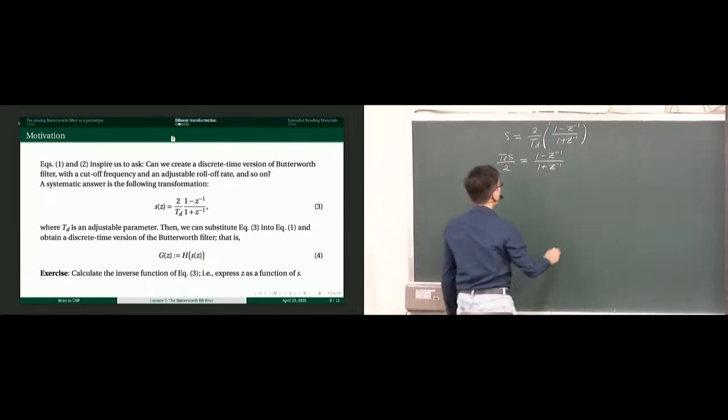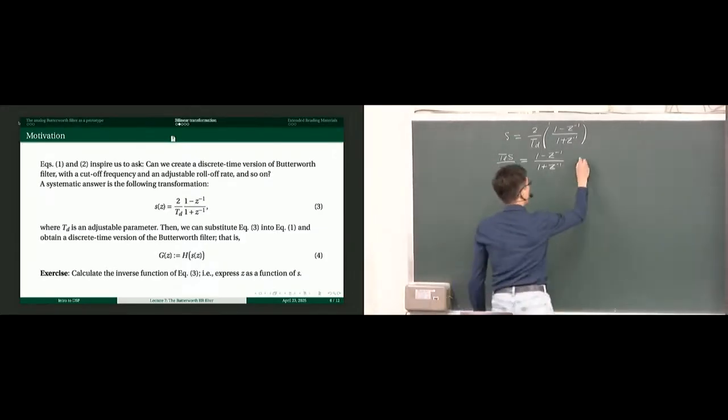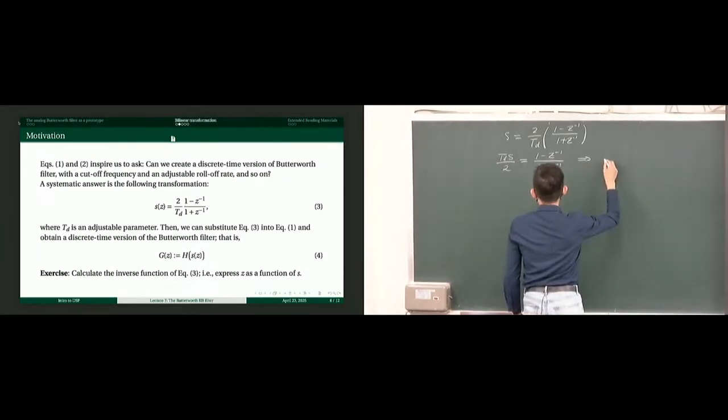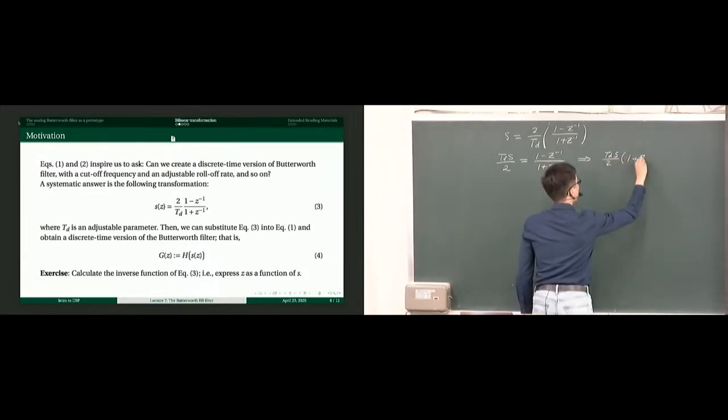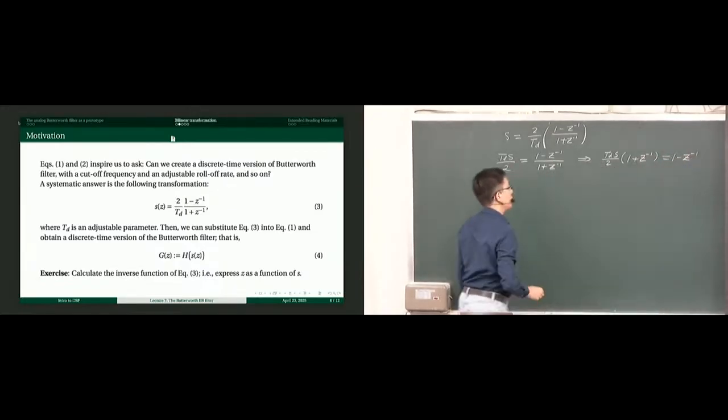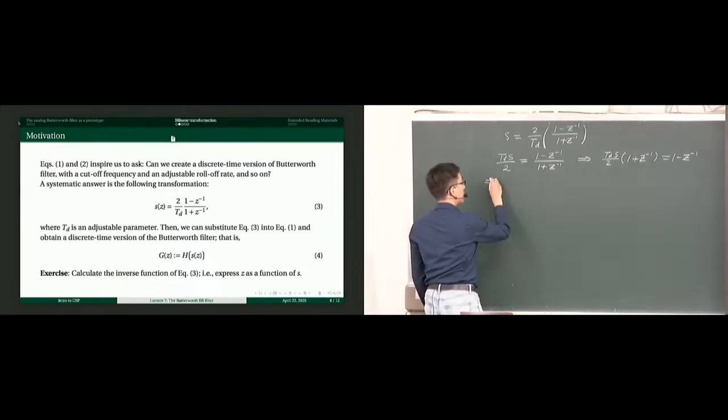So from there, let's work this out. TDS times, how about we do this, equals 1 minus Z inverse. And therefore, what's next?